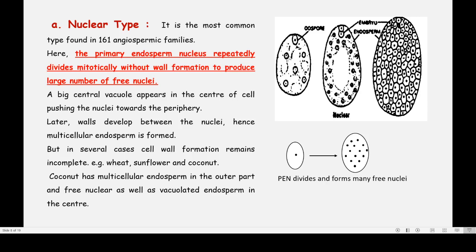Here the cytoplasm does not divide, only the nucleus divides, and after the repeated division of the nucleus, it forms many free nuclei. These that you can see are free nuclei. Here also you can see the single nucleus of PEN, the primary endosperm nucleus, getting divided into many free nuclei. So this is the nuclear type of endosperm, where you will find only free nuclei, no cytoplasm division.